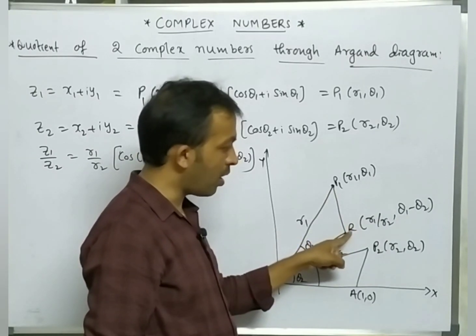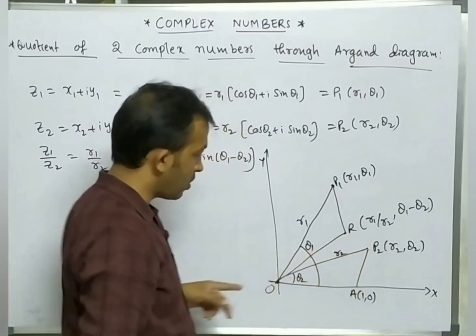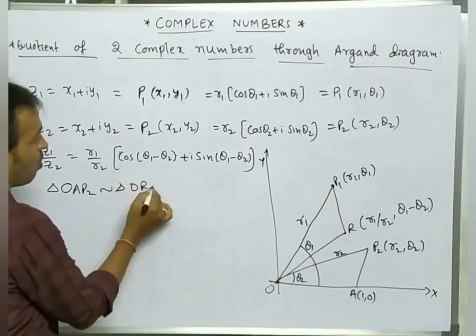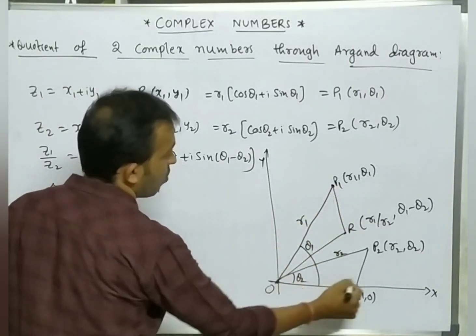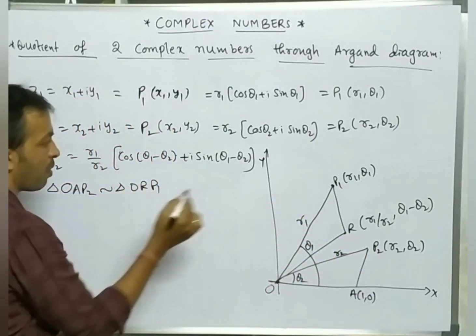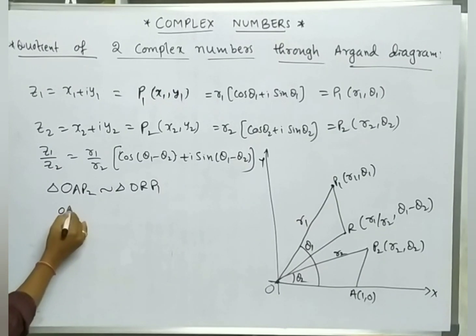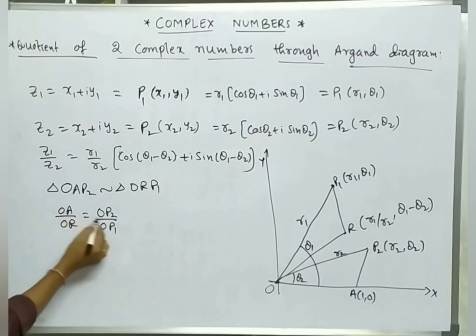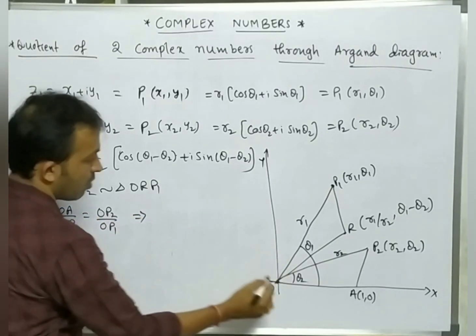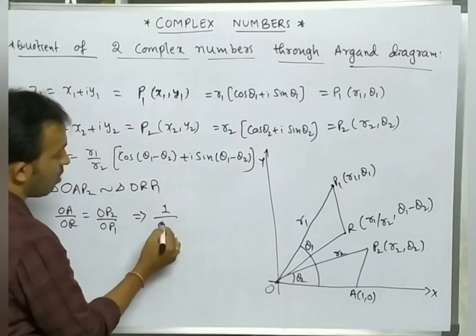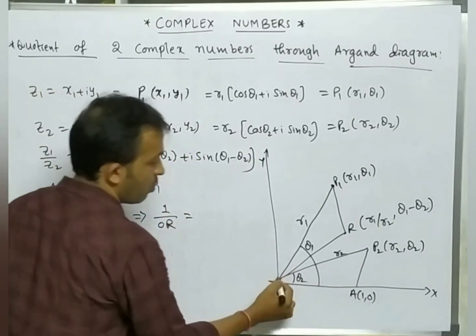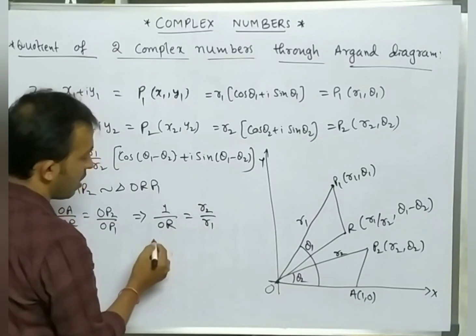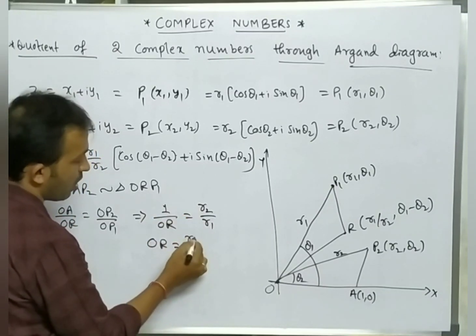Now I am finding R, which is the quotient of the two complex numbers. I am taking R in such a way that triangle OAP2 is similar to triangle ORP1. By the similarity condition, corresponding sides are in the same ratio: OA by OR is equal to OP2 by OP1. Here OA is 1 unit, so 1 by OR is equal to r2 by r1. Reciprocating, OR is equal to r1 by r2.